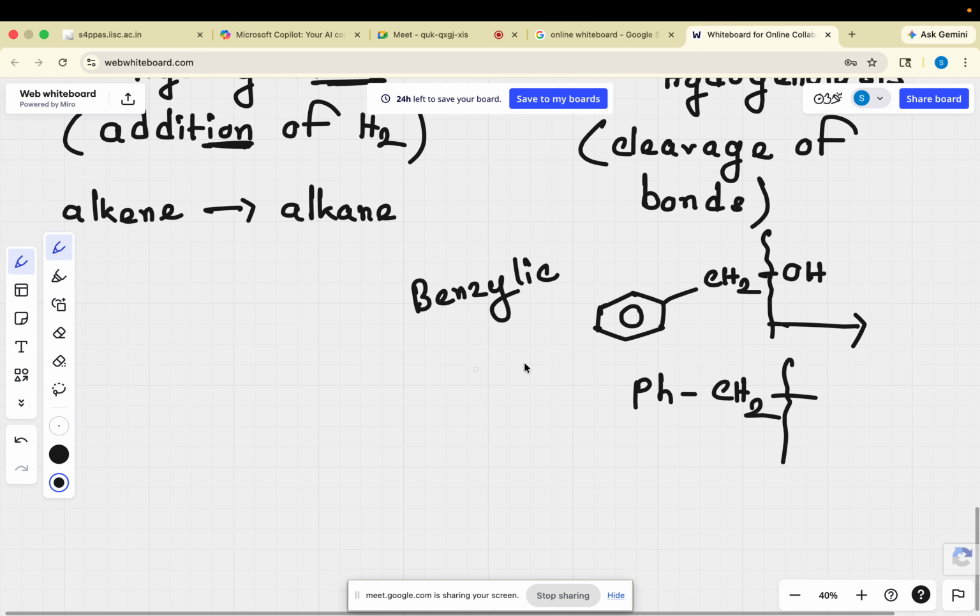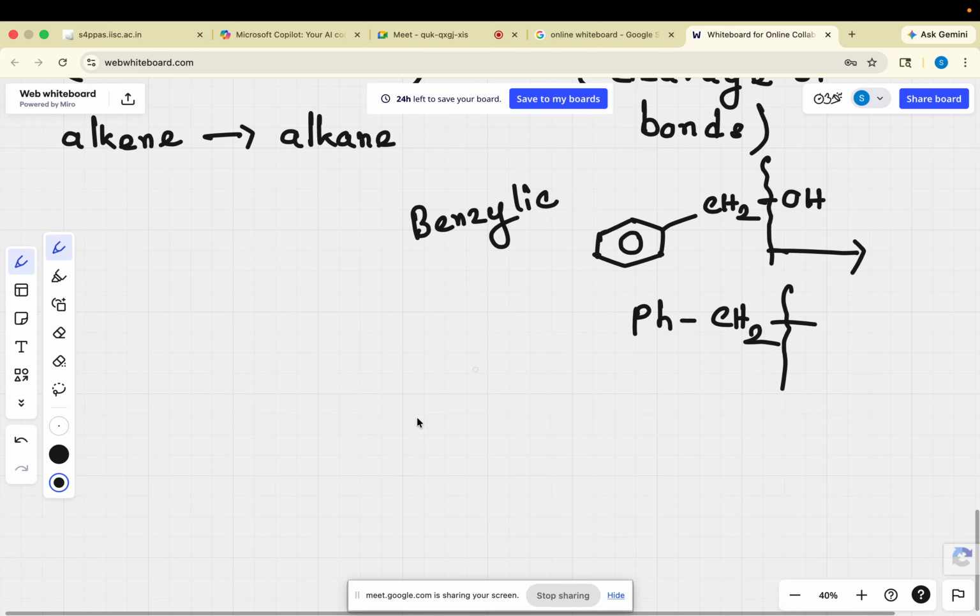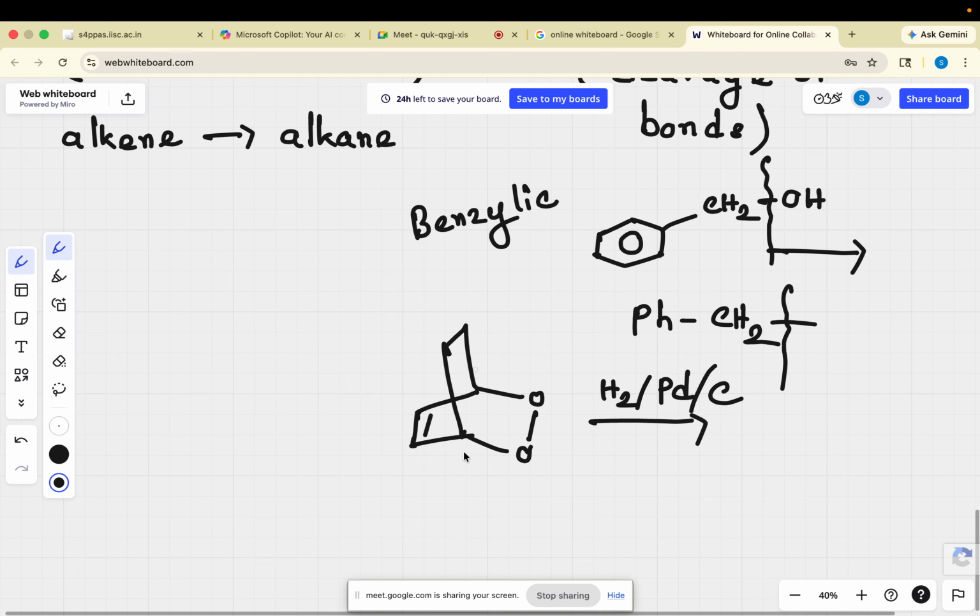And if you have a heteroatom bond, suppose this is a norbornane type of system. If I use here Adams catalyst, or you can use hydrogen palladium carbon, what will happen? This oxygen bond will cleave, and ultimately you will get this kind of product.